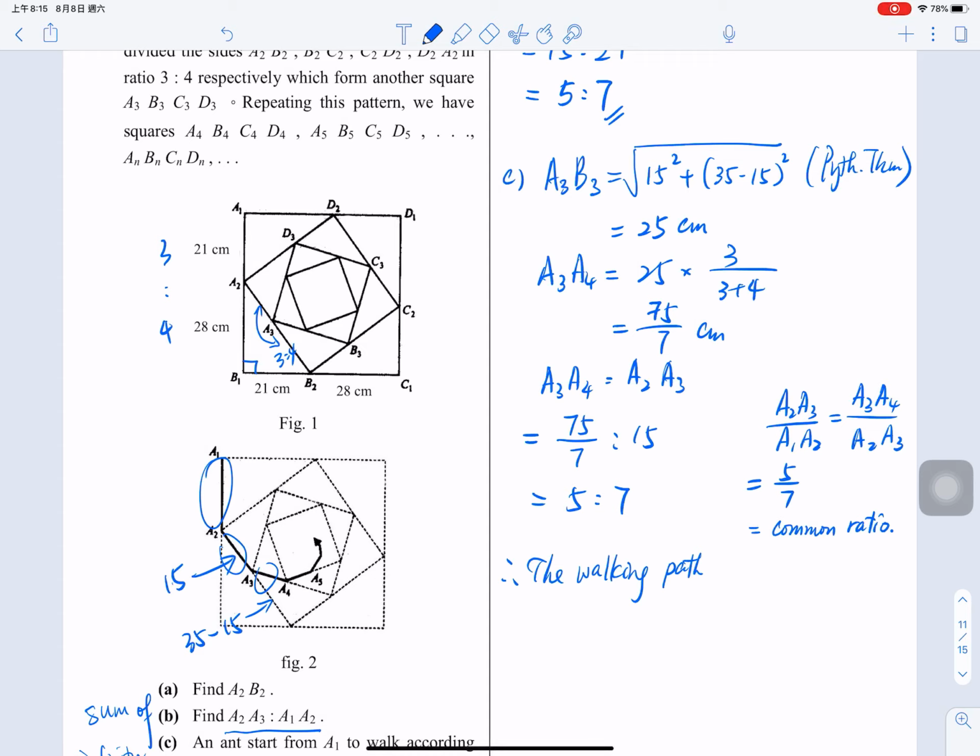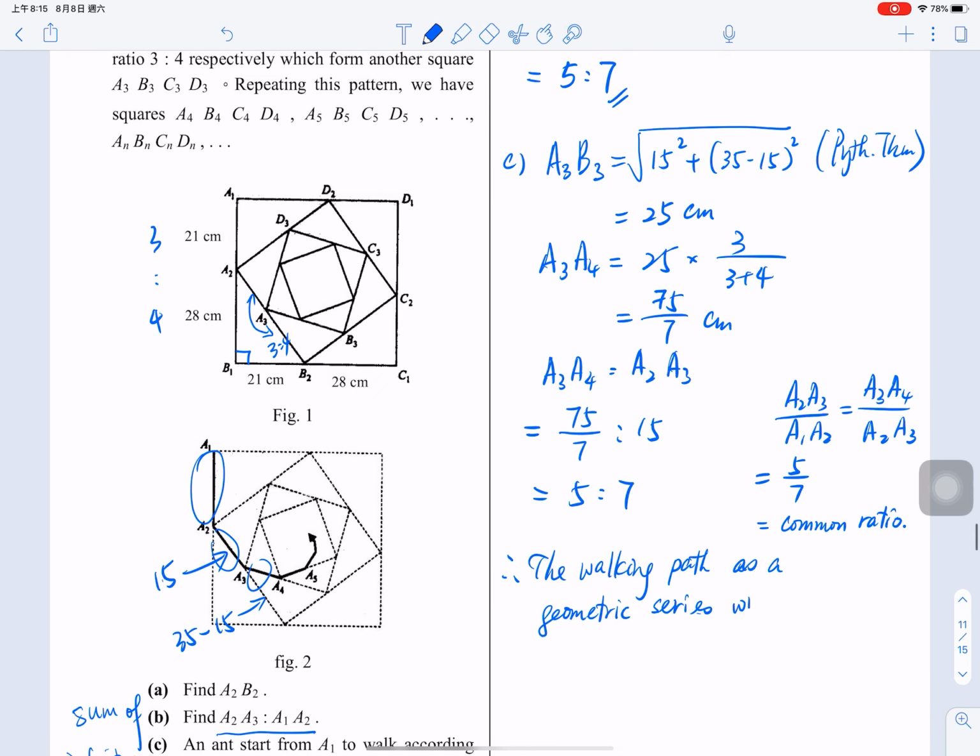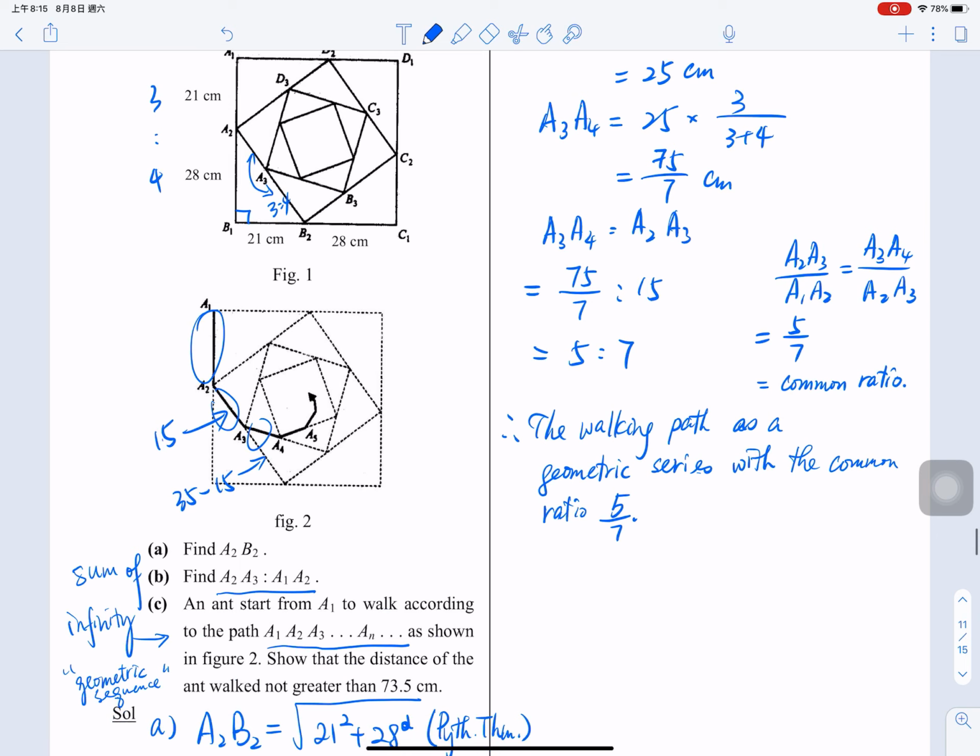I write down the working: the path is a geometric series with the common ratio 5/7, right?